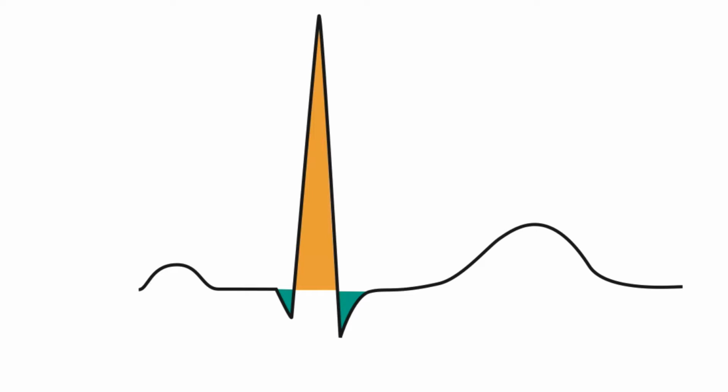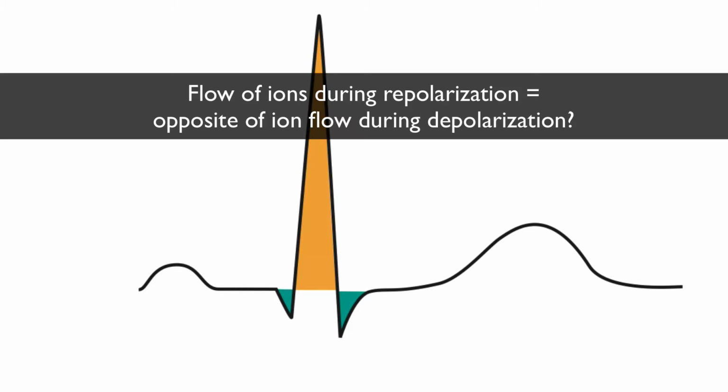And some of you may wonder, shouldn't the flow of ions during repolarization, that is the T wave, be opposite to the flow of ions during depolarization? And that is actually true, because those ions which have moved during depolarization must move back to their original place during repolarization.